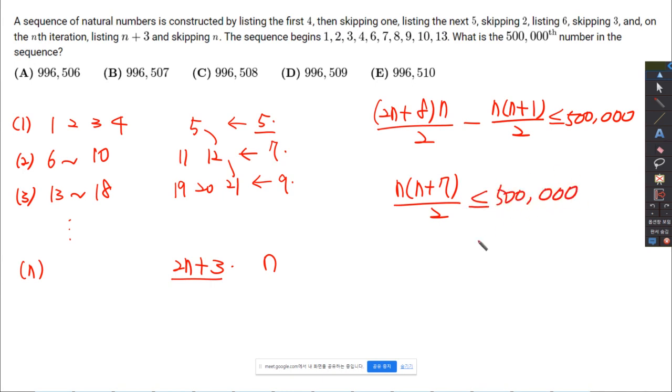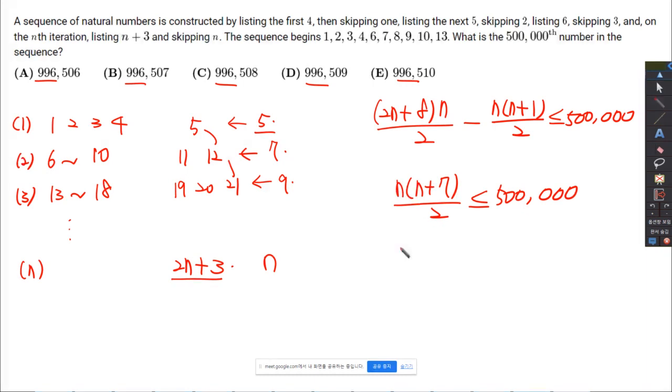500,000. And when you look at these choices, they all have this 996,000. So we can reasonably think that n is 996. So let's just see what happens when n is 996.